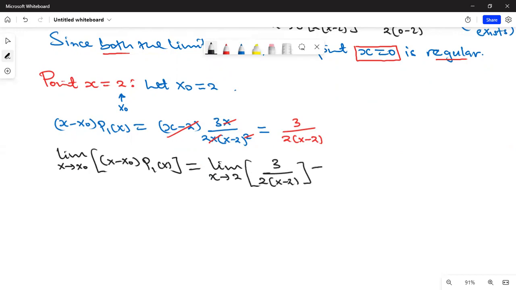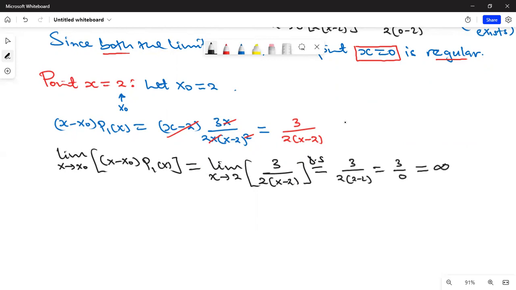Direct substitution, can it work? Let's see. We are going to get 3 over 2 into 2 minus 2, which is 3 over 0, and that is infinity. Is there any other way? Because you have found infinity, there's no other way of finding that limit.